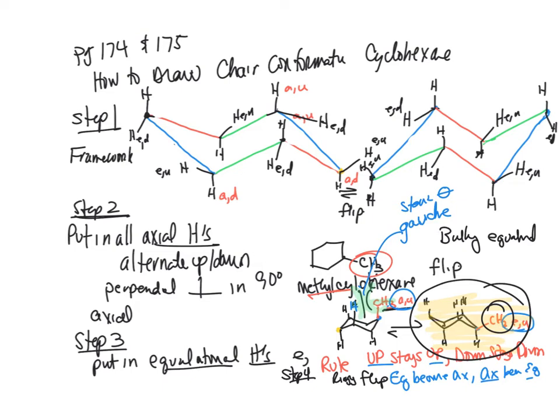Because remember, the CH3 is going around and around, rotating around that bond. Here, it can rotate, and this has no gauche steric interaction. Okay, and so you can also see that on page 177 in your book, where the Newman projections are drawn, and it's showing you that you're more likely going to have that methyl group in the equatorial position.